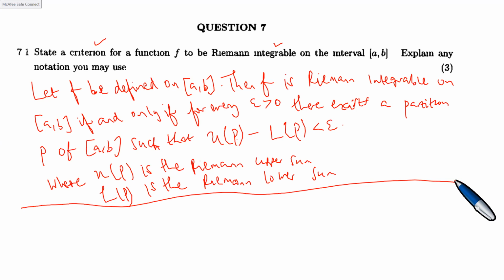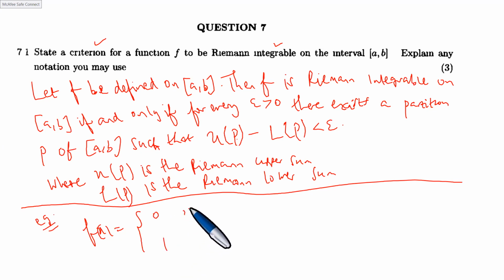need to be continuous. That is the primary condition. F of x is an example. This one did not ask this. It is 1 when x is rational and 0 when x is irrational.